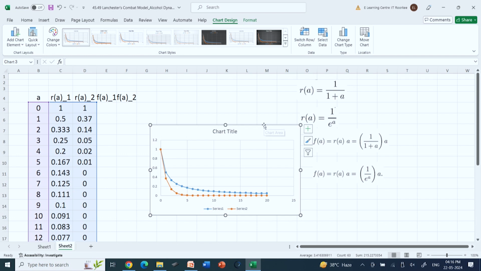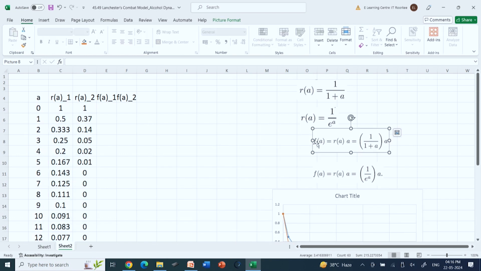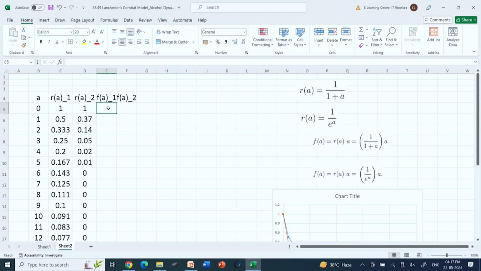Now, the filtration, which is denoted by this Fa, is defined by the rate at which the alcohol content is disposed of multiplied by the alcohol content. So, this is the rate Ra and it is multiplied by A in both the cases. So, let us see how this works, what kind of graph we get here.